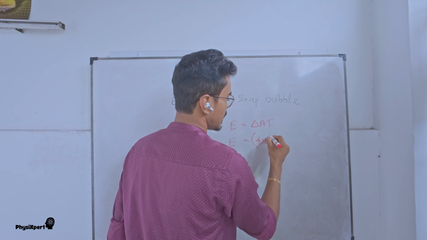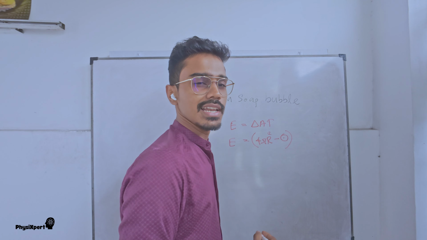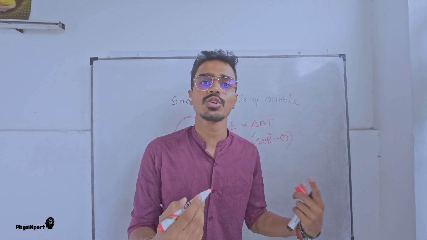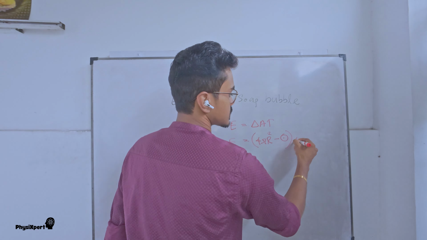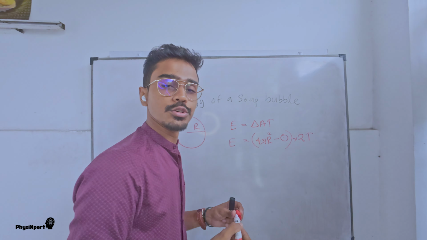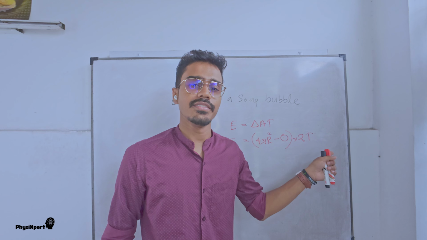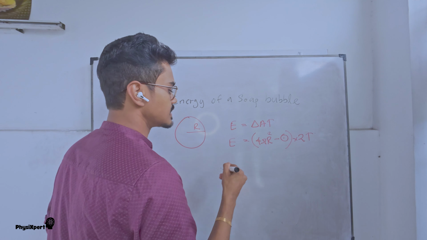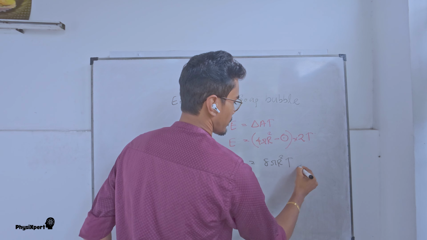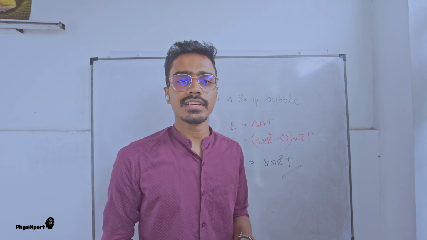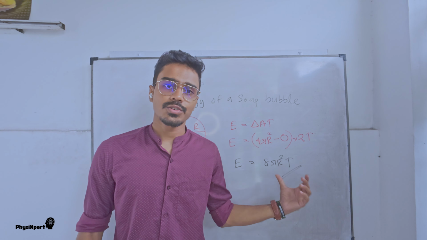The initial area is 0, because there was no soap bubble at all initially. Times 2T instead of T, since we are working with soap. Simplify this: 8 pi r squared T. This is called the energy of a soap bubble.